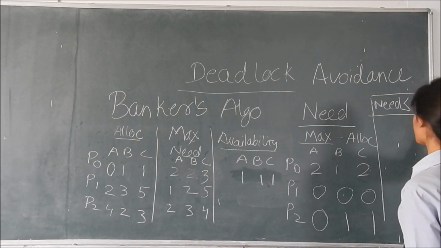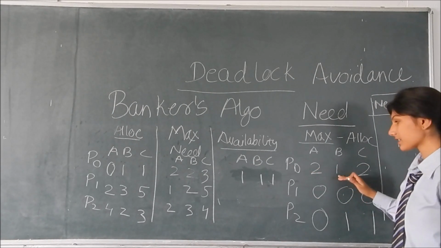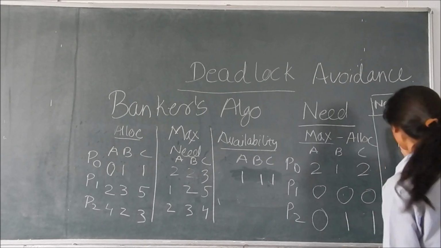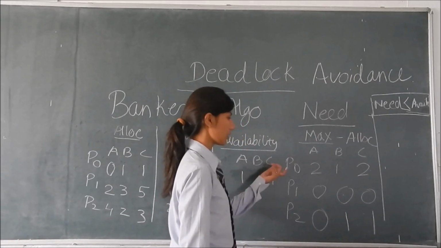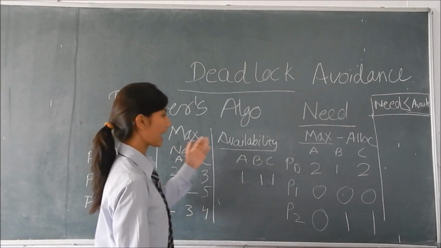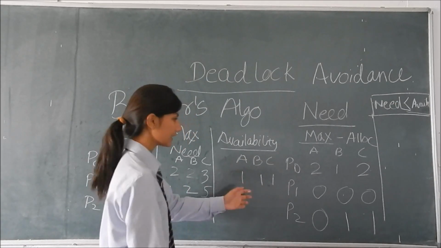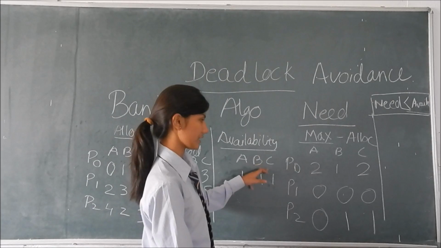When this condition is satisfied, that particular process will execute, and otherwise it will continue to the next process. Whenever execution of that particular process is done, the allocation of that particular process will be added to availability. Let's see, we have 1, 1 and 1 instances of A, B and C.